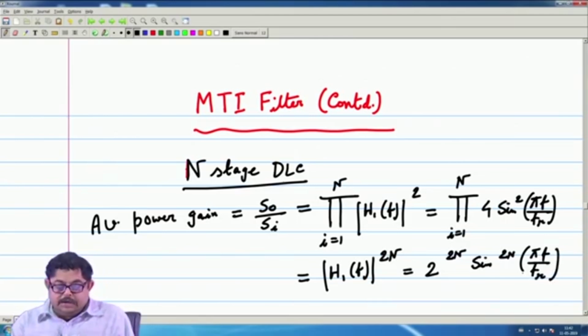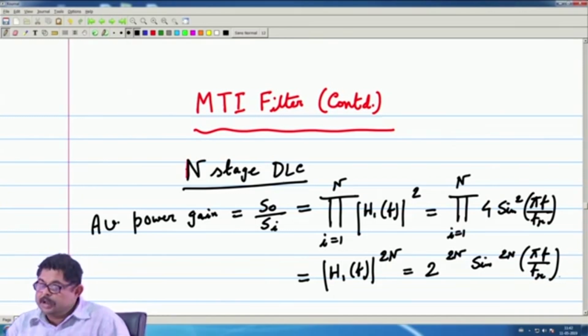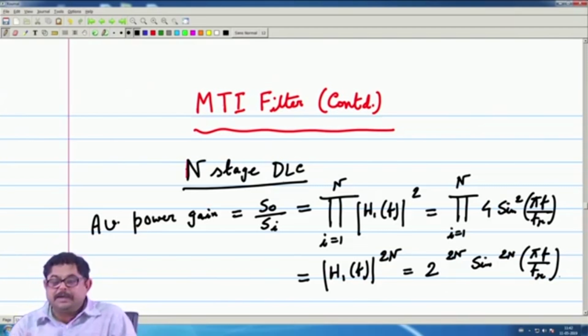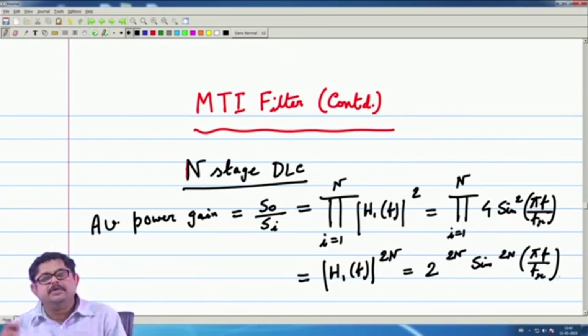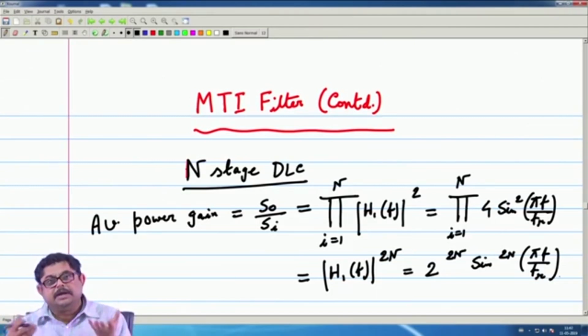So, you see that if the average power gain is this, the blind speed is not getting improved, because this function is the same as single DLC or double DLC. Only more and more stages are making this sin square, you are multiplying sin square with another sin square with another sin square.